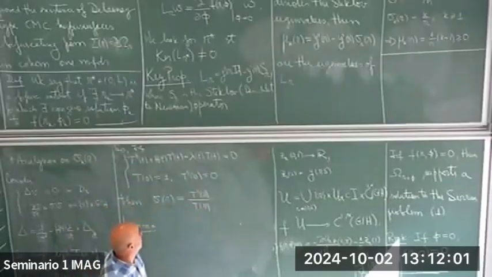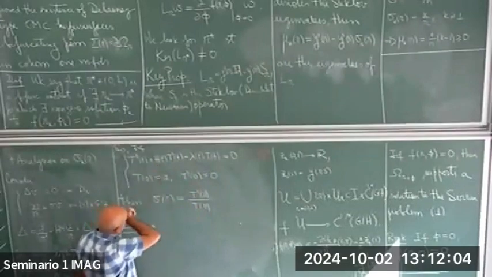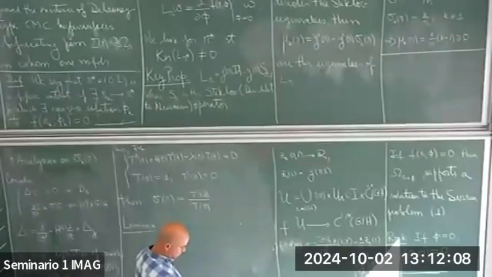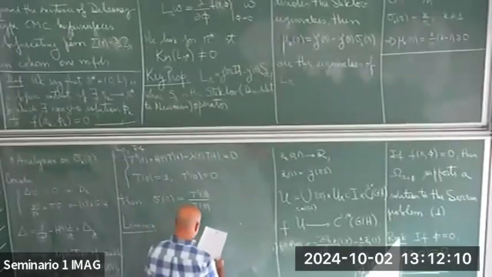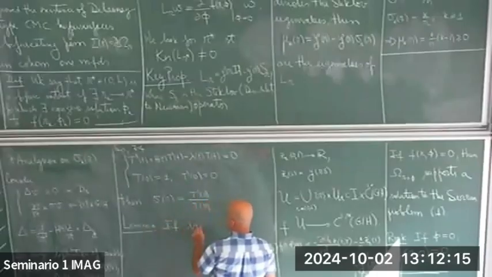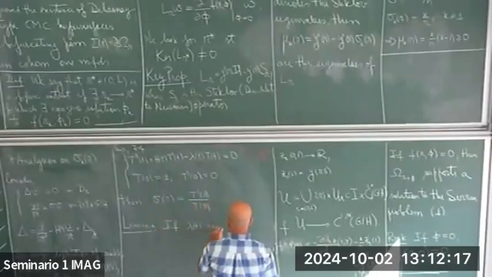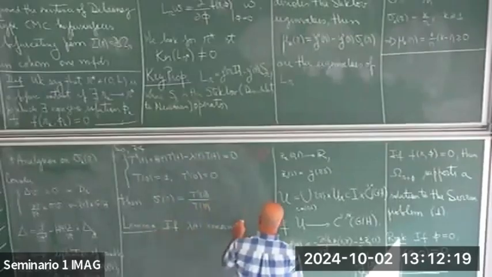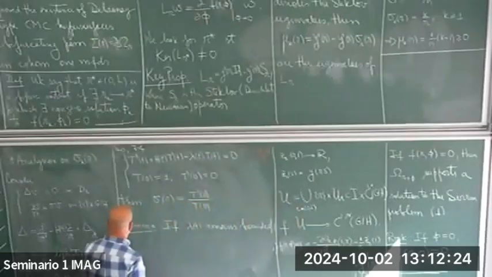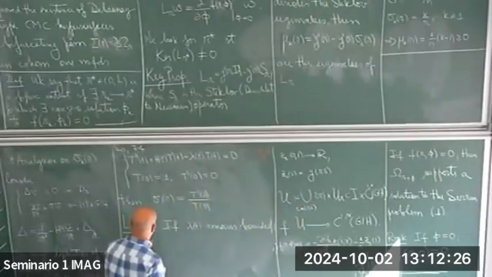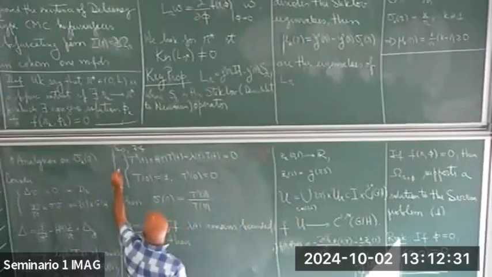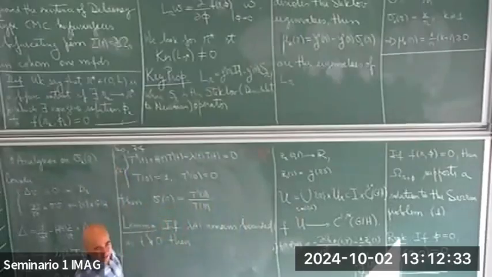And then, well, as I said, we know the behavior, and using the Frobenius method, we can prove that if this guy remains at least bounded as t goes to zero, then, let me call it two.